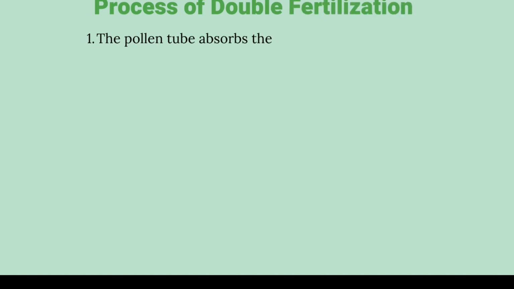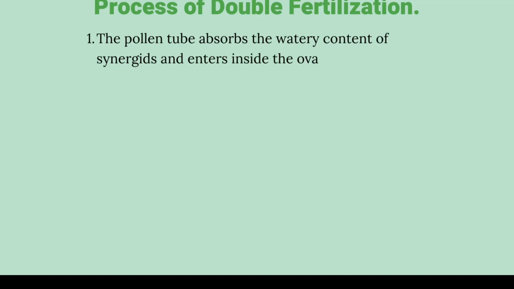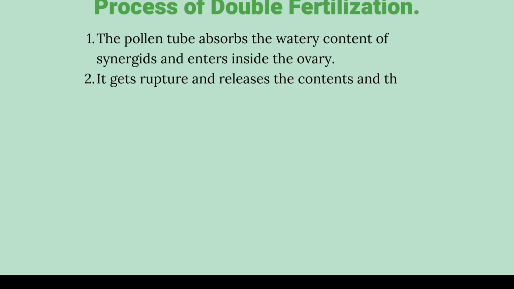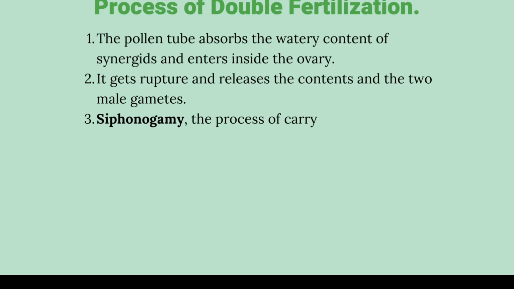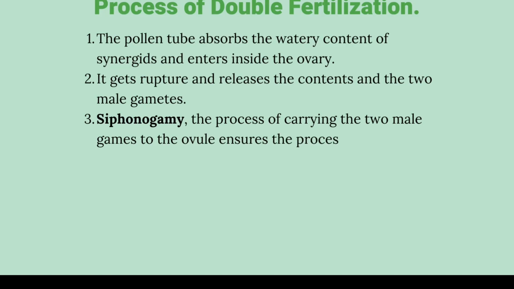Now let's see how is the process of double fertilization. As I said, double fertilization is the process in which both the male gametes will fertilize. So how does the process begin? The pollen tube absorbs some watery content of the synergids and enters inside the ovary. It ruptures and releases the contents and the two male gametes.